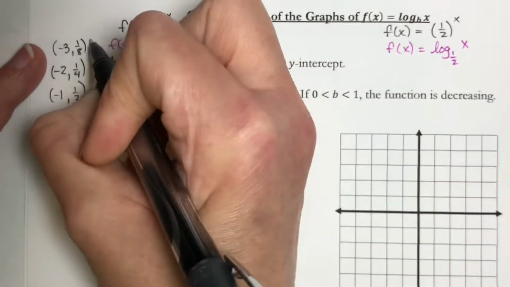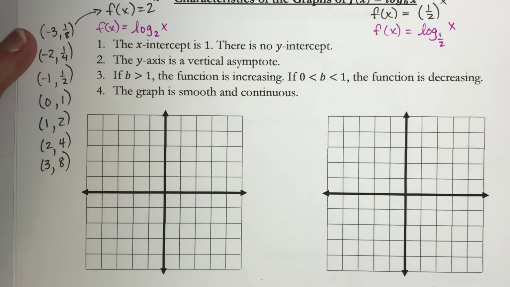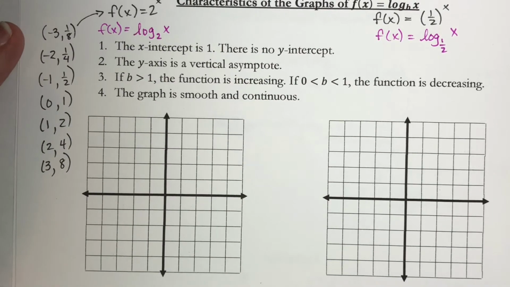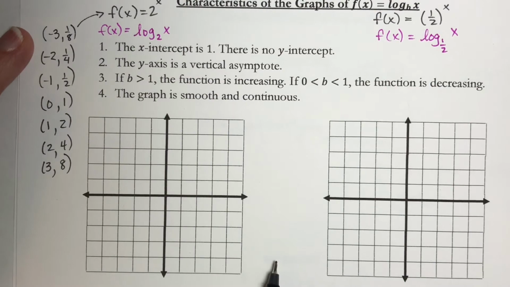So these go along with this. You may remember, I hope you remember, that if you want to graph an inverse, all you have to do is switch every x and every y. So I'm going to reverse each of these.